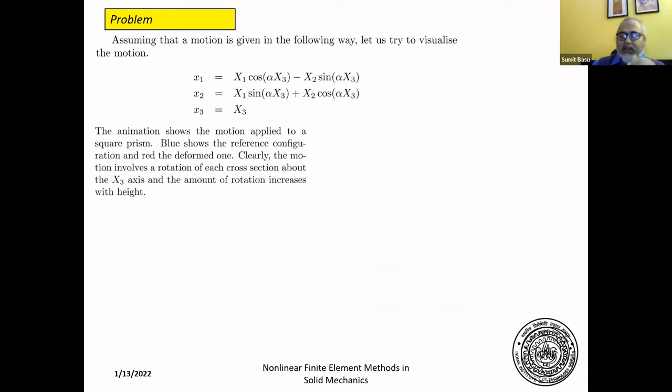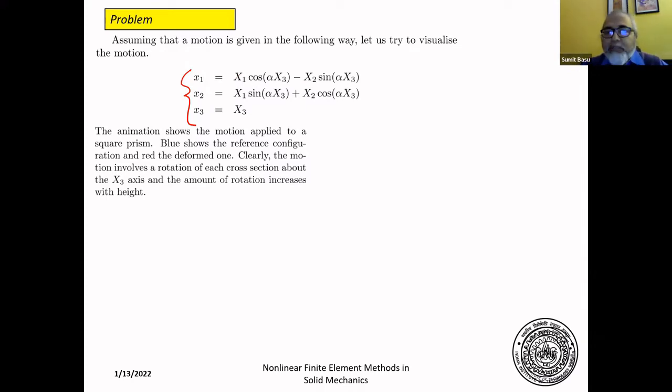Now let us do it the other way. Let us write down a motion. This is a motion that I've written down, and let us try to imagine what this motion is going to do. Now, motion acts at all points on the body.